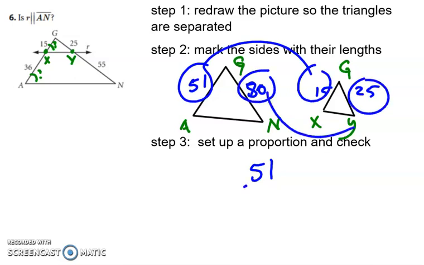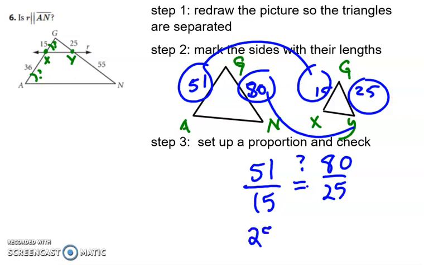What we're trying to figure out here is if I set up a proportion, does it work? So the 51 goes to the 15, and we're trying to decide if I go 80 to the 25, does it work? So a couple of ways of doing it. One way, as we did in the previous problem, is cross multiplication. So if I take 25 multiplied by 51, do I get the same answer as taking 15 times 80? If the answer is yes, then I know the proportion works, therefore R has to be parallel to line segment AN.